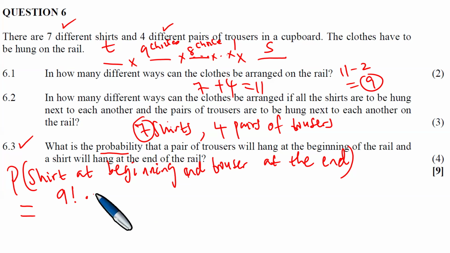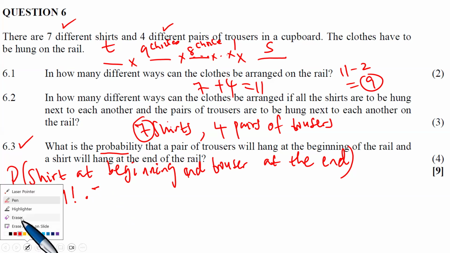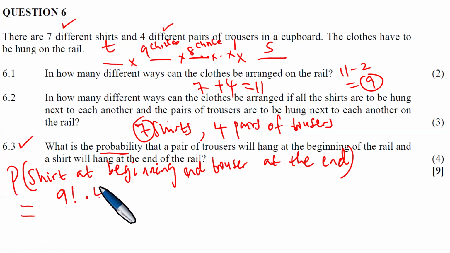We can put 4, doesn't matter, 7 or 4. 4 by 7. For the 4 trousers, 7 shirts divided by the total of everything, 11 factorial.